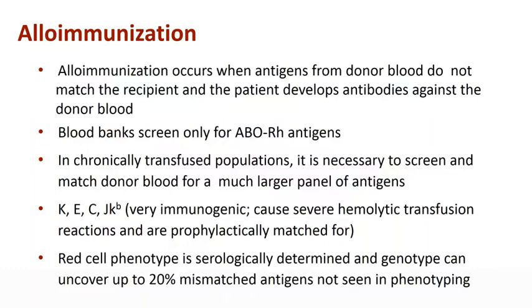We're learning a great deal more now, and red cell phenotypes have historically been always serologically determined. But with the development of genotype testing, we've been able to uncover that 20% of the patients who had appropriate phenotypic matching may have mismatched antigens not seen in the phenotype that could lead to reactions.